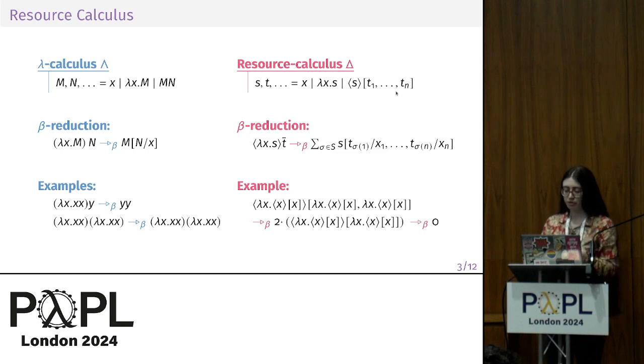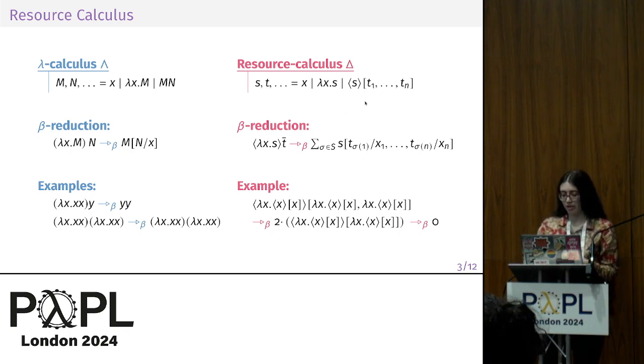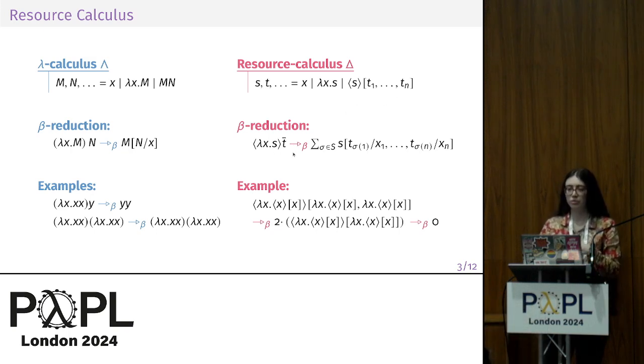When I do this, the beta reduction becomes the following operation. I match every occurrence of x inside the subterm S with one single resource term of the multiset. Since they are not ordered, I need to choose how I'm matching them, so I'm just summing over every possibility, the possible permutations giving the match.